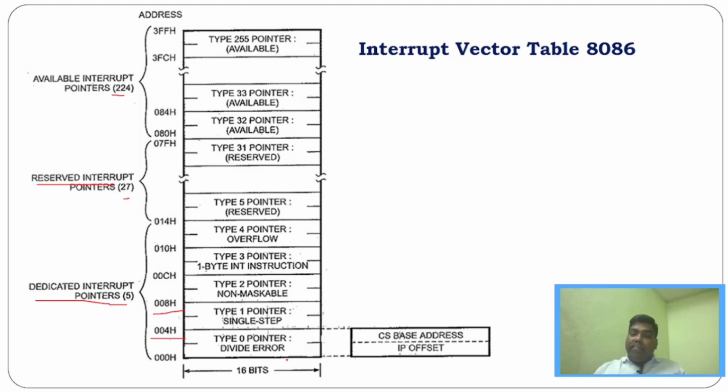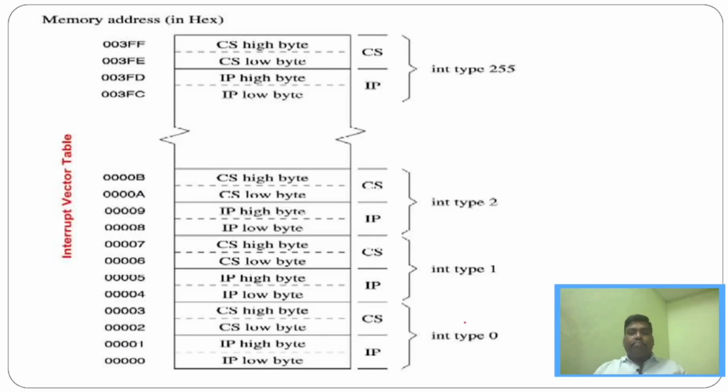For each and every type, you have 2 bytes for CS and 2 bytes for IP. Even in those 2 bytes, we can split them into a higher byte and a lower byte. You can see here that 00 is considered the lower byte and 01 the higher byte.